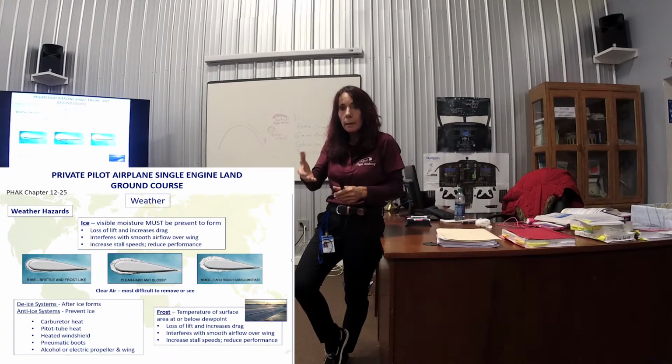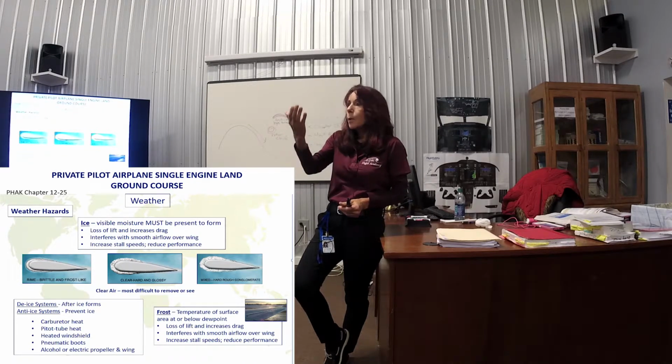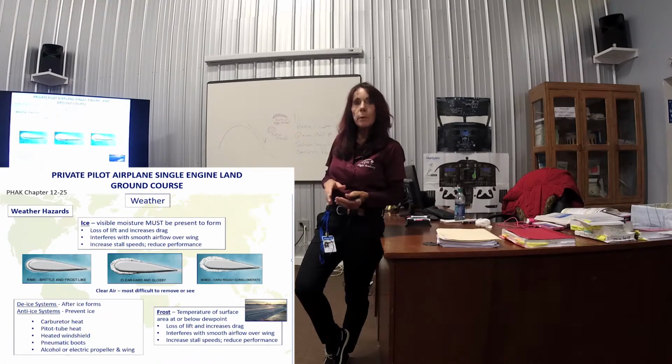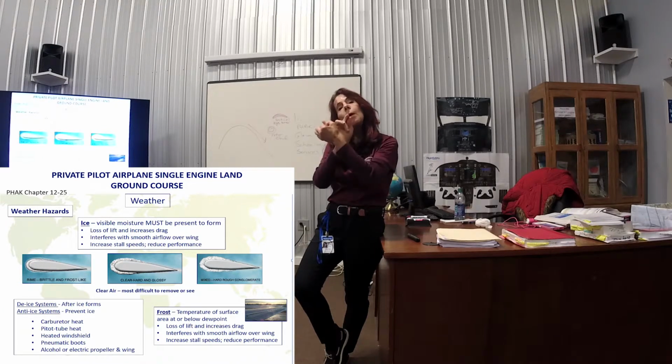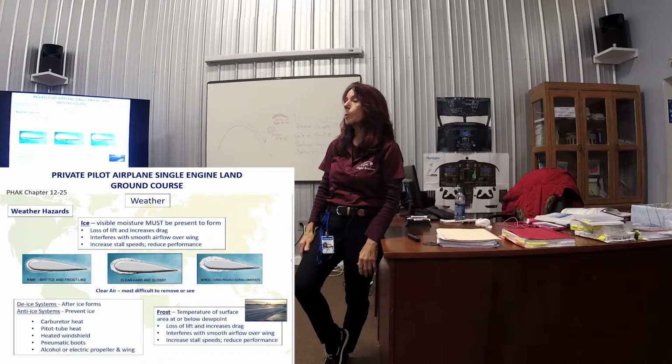You push a button, it's usually de-ice fluid. Just by simple aerodynamics, it spreads across the wing and melts the ice, pretty good at melting it. With an alcohol propeller, it's about the size of a baby finger that pokes out from the hub of a propeller. You push a button, that de-ice fluid just spreads out by aerodynamics and melts the ice on the propeller.